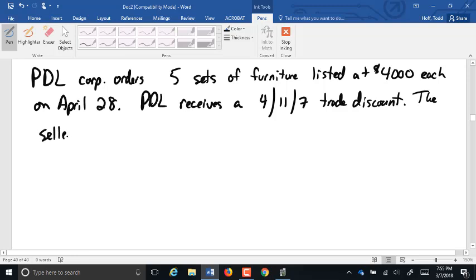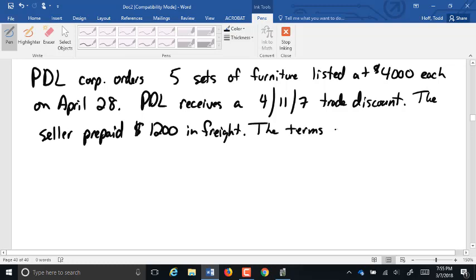The seller prepaid $1,200 in freight. The terms are 3/10 EOM.